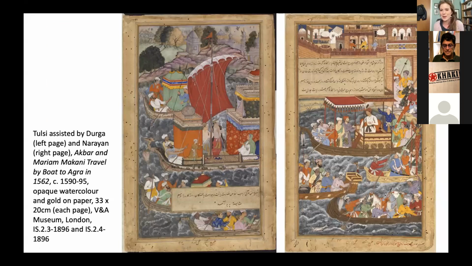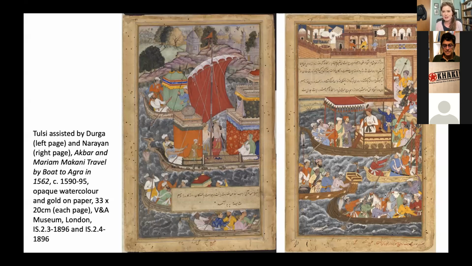I love how in the Akbarnama, the women are really present, but often they are sort of hidden, as it were, within an image. And this is a magnificent example. This shows Akbar and his mother, Mariam Makhani, traveling by boat to Agra in 1562. It's a painting by Tulsi, assisted by Durga on the left side and Narayan on the right side.